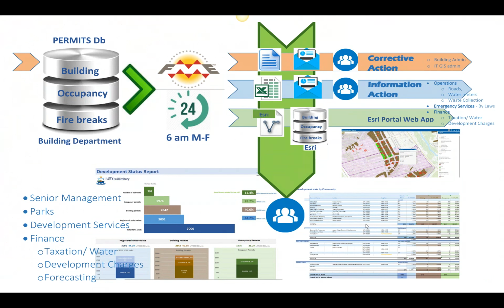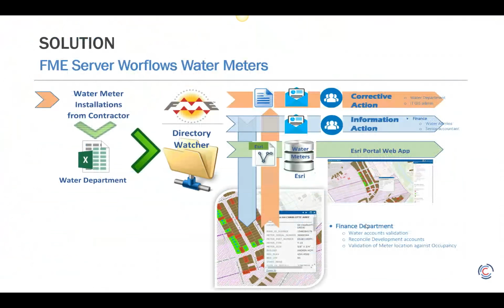In addition to the integration of these two pieces of information, the water department realized they also wanted to track the development and track their work that was getting done in the field. So when water meters were being installed, they wanted to have that on the development map as well. Where had water meters been installed versus where they need them?